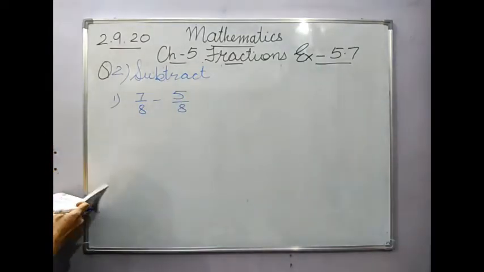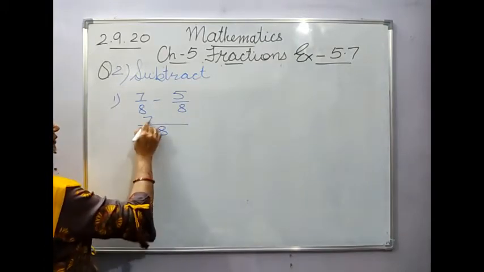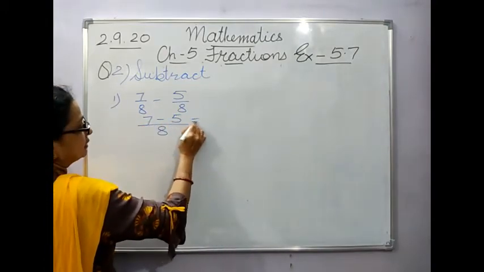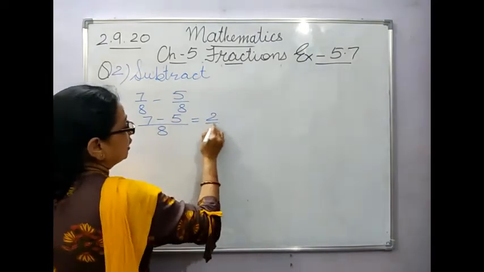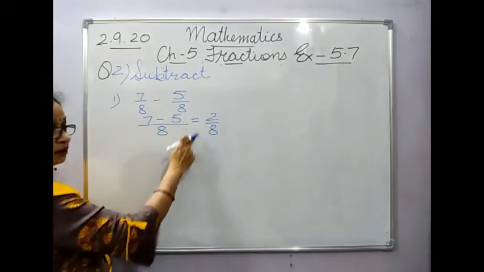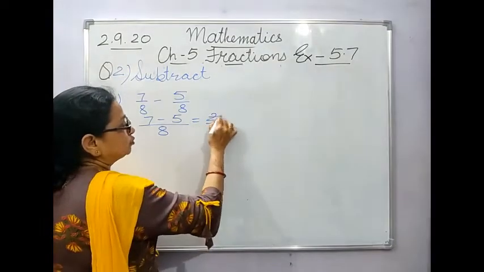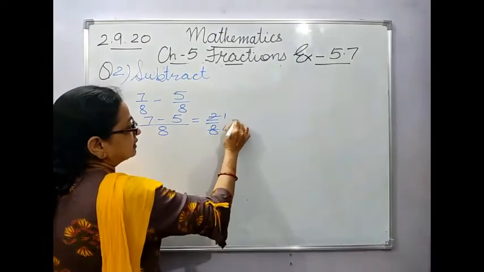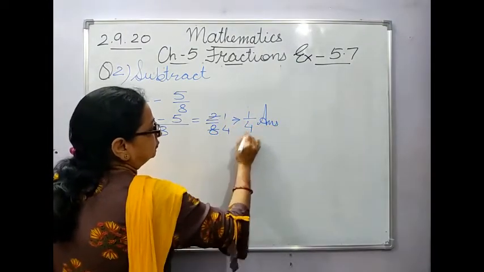Like fractions, denominators are same. Draw the line, write the denominator and subtract. Numerator will come down as such because we have not taken out the LCM. 2 upon 8. Both are even numbers, that means they have to be reduced and it will be 2 1s are 2 and 2 4s are 8. So your answer is 1 upon 4.